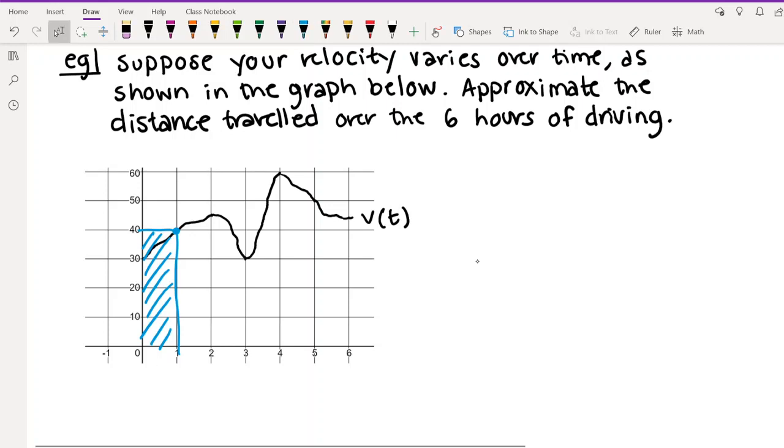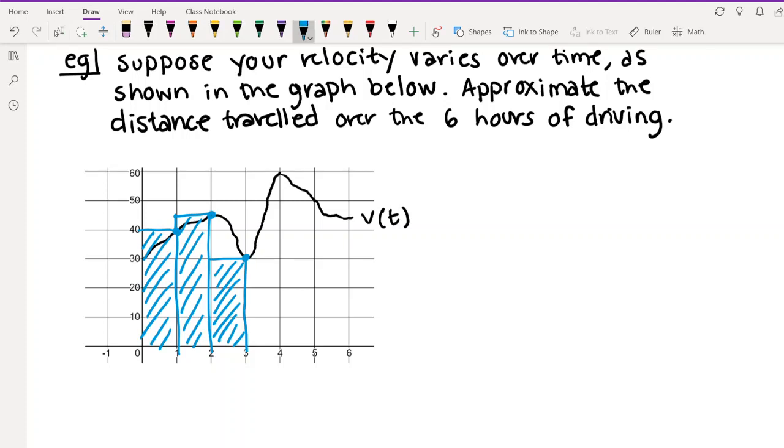And then for the second one, we'll go to the right endpoint, which is 2, and go to that point on the graph to get our rectangle. And then in this interval, we go to the right endpoint, which is all the way down here. So you can see how this isn't maybe going to give the most accurate estimate because of the jumpiness of the velocity.